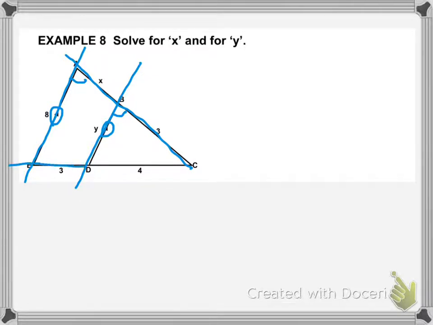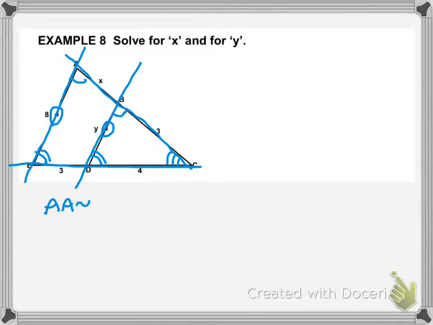If I look at this other transversal, I've got another pair of corresponding angles, so those are congruent as well. So by AA, I know these two triangles are similar. AA similarity. Cool. There's also a third pair of congruent angles, and that's this angle C that both triangles share.